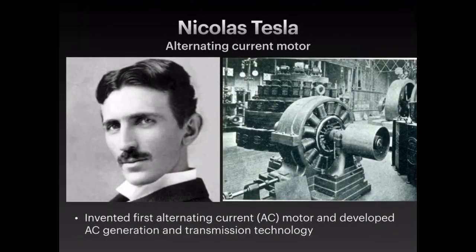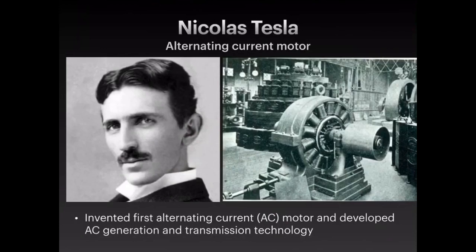After Michael Faraday's experiments, Serbian-American engineer and physicist Nikola Tesla made dozens of breakthroughs in the production, transmission, and application of electric power. He invented the first alternating current motor and developed AC generation and transmission technology.